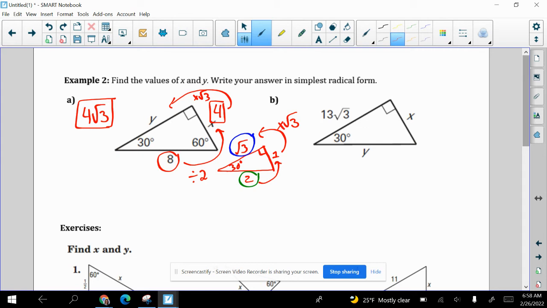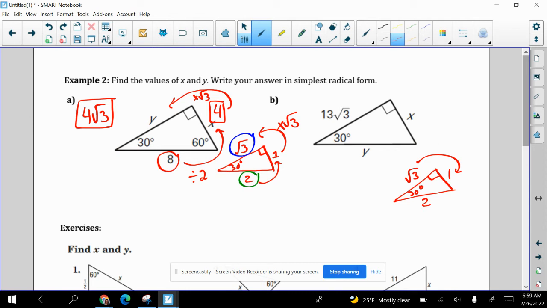Okay, so over here, I'm going to redraw quickly. So you reference the cross from 30 is always the 1. The hypotenuse is twice as long, and then the leftover leg is root 3. Okay, so if I want to go from my long leg to short leg, remember you're making it shorter. So if you're wondering, should I divide, should I multiply?